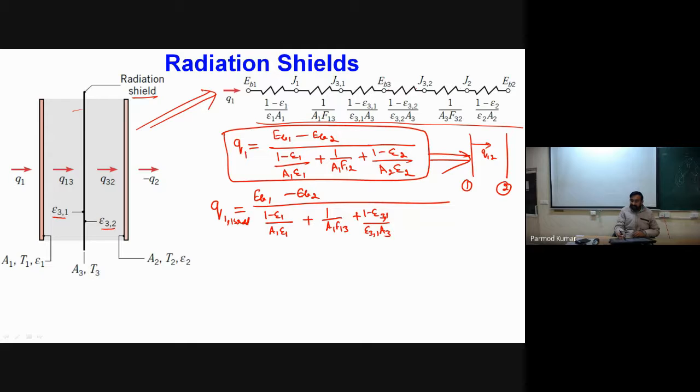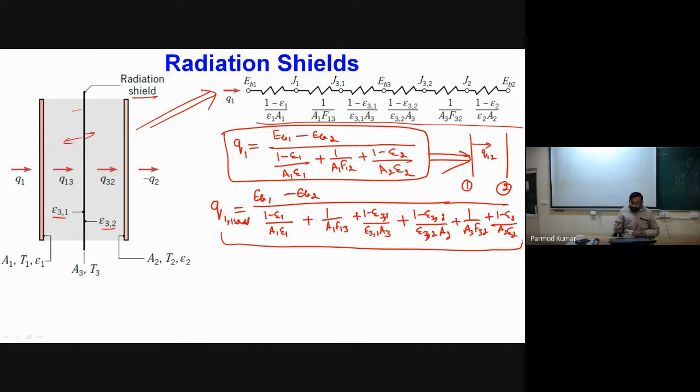So here we are considering different epsilon by considering that emissivity on either side is actually different, taking a most generalized case, plus 1 minus epsilon 3.2 divided by epsilon 3.2 A3 plus 1 by A3 F32 plus 1 minus epsilon 2 by A2 epsilon 2. Okay, so this will be the rate of heat transfer now upon including only one radiation shield.